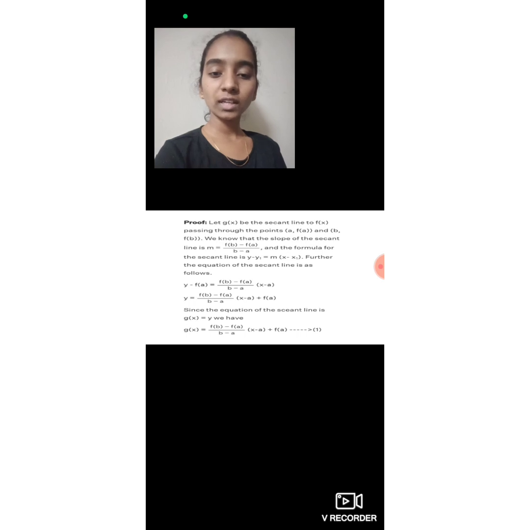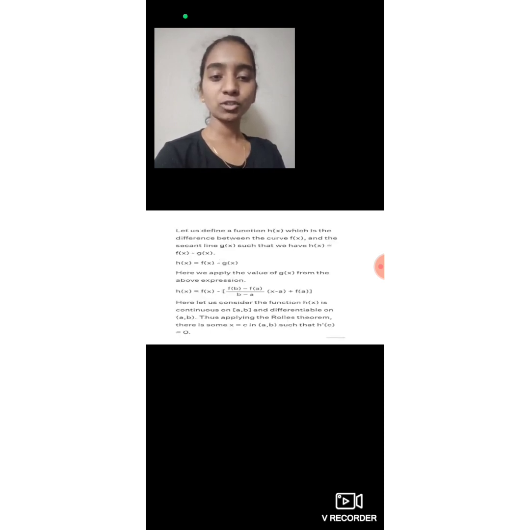Since the equation of the secant line is g(x) = y, we have equation 1: g(x) = ((f(b) - f(a)) / (b - a))(x - a) + f(a).